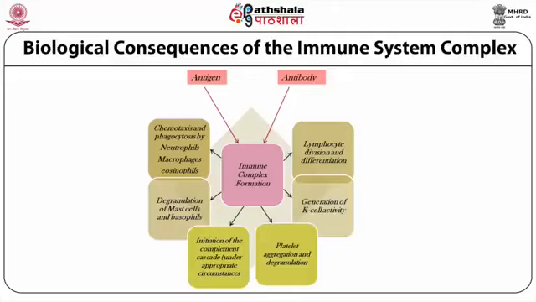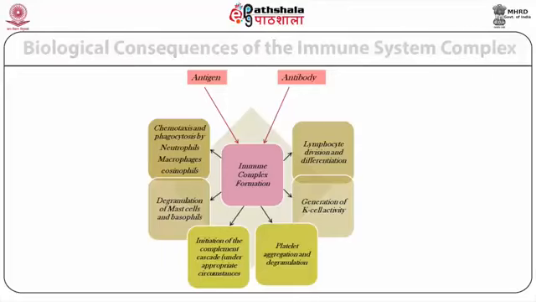The other consequences of this antigen-antibody complex formation are listed here and include chemotaxis and phagocytosis, degranulation of mast cells and basophils, initiation of the complement cascade, which we are discussing now, platelet aggregation and degranulation, generation of K cell activity, lymphocyte division and differentiation.